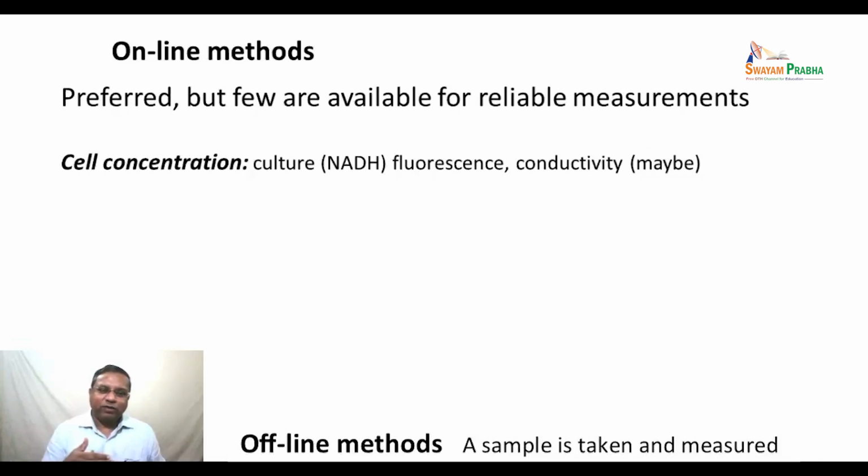So the excitation wavelength needs to come in at 340 nanometers. The emission wavelength needs to be measured at 460 nanometers. In a spectrofluorimeter, you have a nice cuvette or some other well kind of a measurement. You have a controlled way of sending in 340 and measuring it at 460.